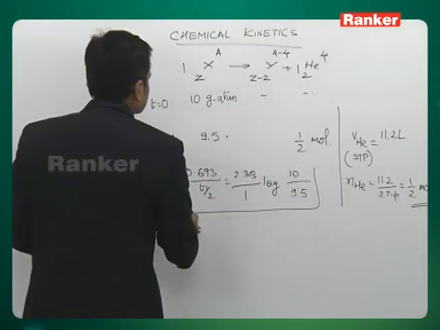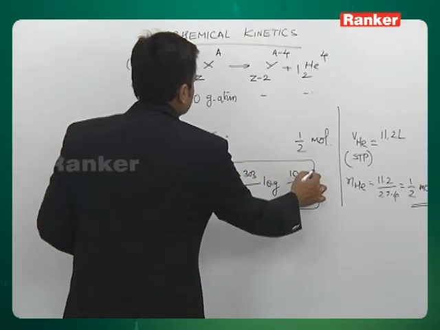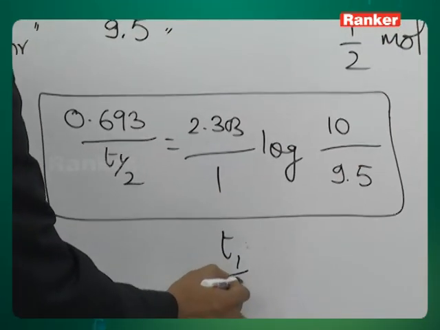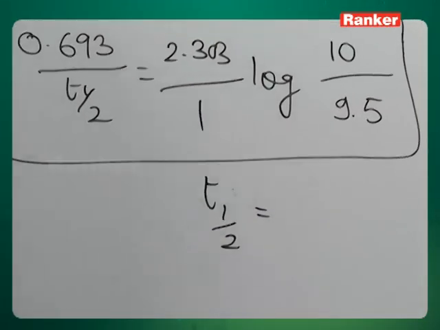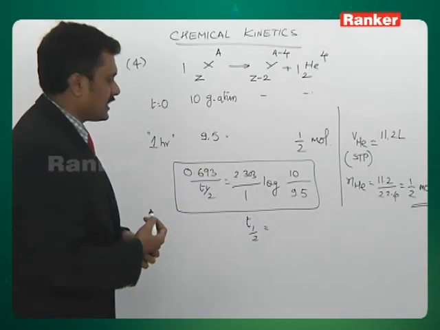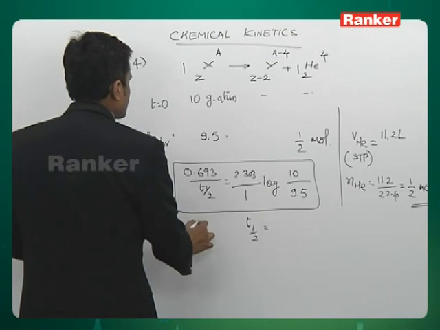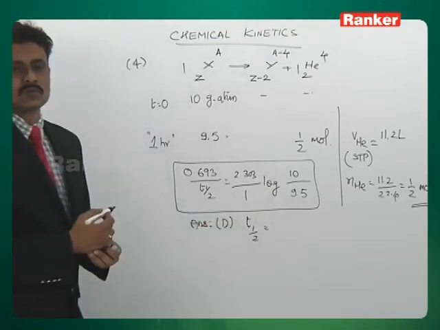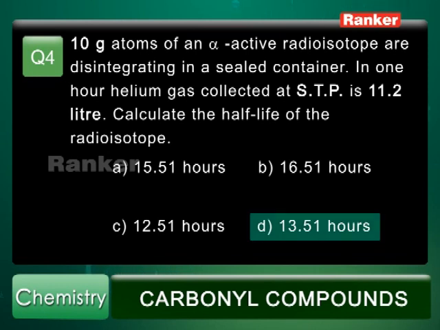Now simplification of this simple equation by substituting the log values which will be given to you in the numerical questions will fetch you the T half value ultimately, and the answer for this question is D, with T half equal to 13.51 hours.